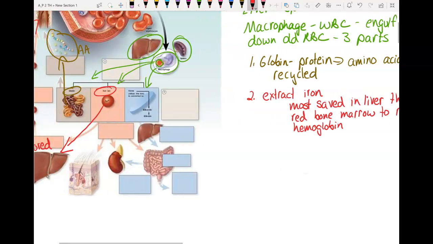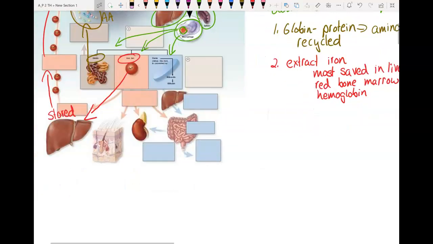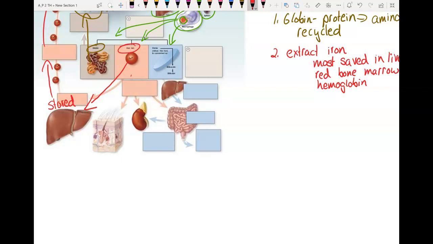You do have a little bit of iron loss. That's why you do need some iron in your diet. So your iron losses are through sweat. There's a little bit in urine, and there's a little bit of iron lost in feces.